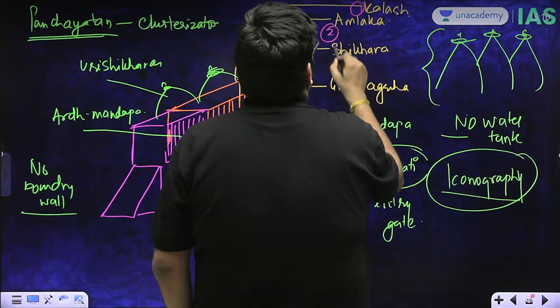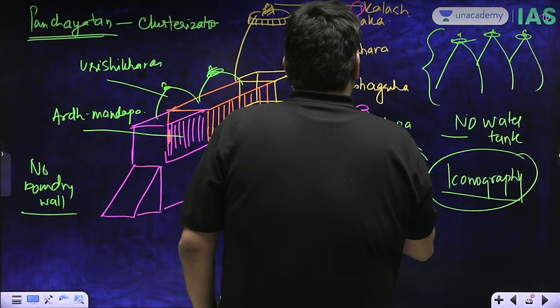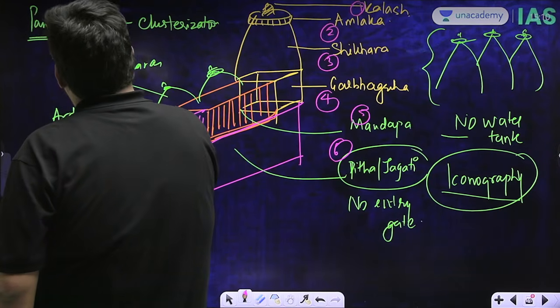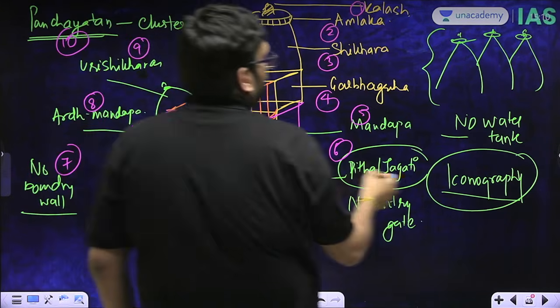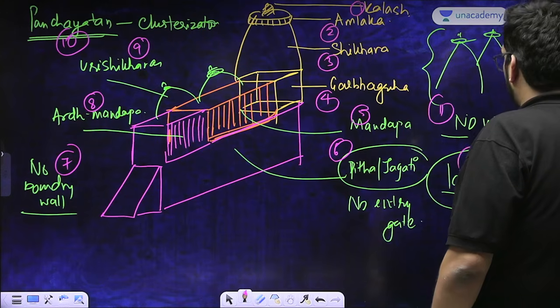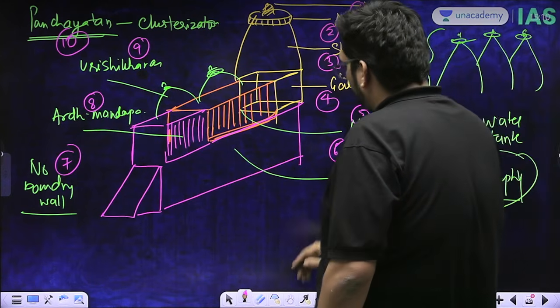Amalak, Kalash, Shikhar, Garbhagriha, Mandap, Pitha or Jagati, then no boundary wall, Ardha Mandap, Uri Shikhar, Panchayatan with clusterization, then we have no water tank, and then we have the concept of pleasing iconography with no entry gate.